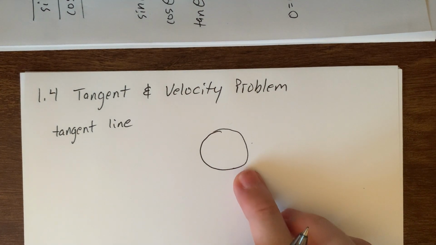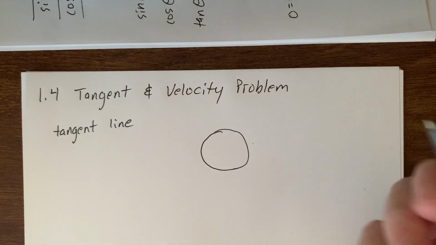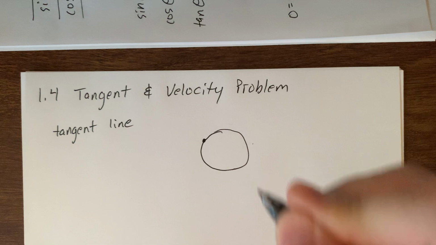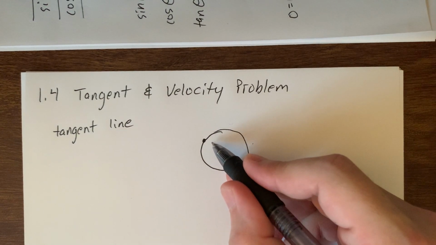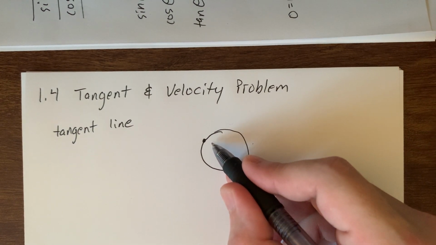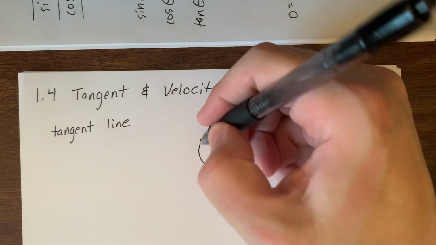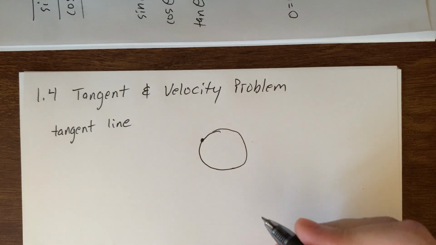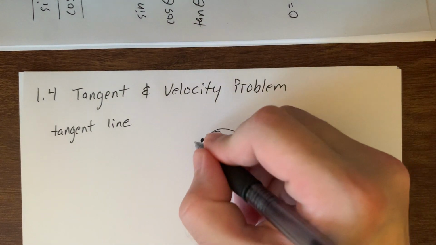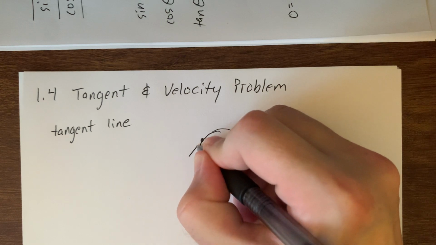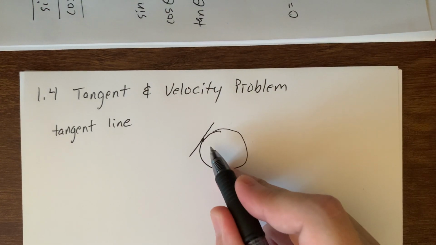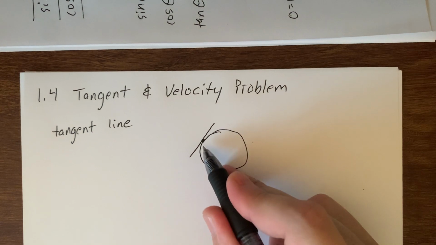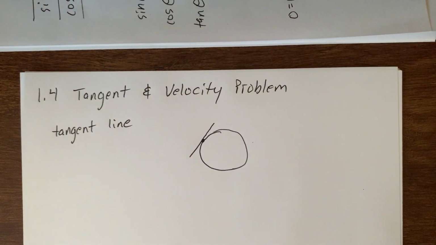When I look at a circle, the idea of a tangent line to a point is to take some point, so I'll pick this point right over here, and to draw the line that just nicks that point and doesn't really hit the rest of the circle. So I could draw lots of lines through this point. There's tons of them. But the line that just nicks the circle, that just skims its edge, would roughly be this line. So that would be the tangent line to the circle at this exact point.